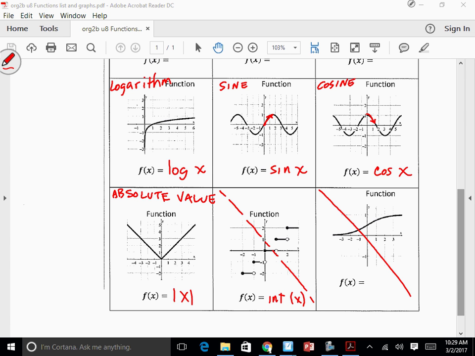Where's this logistic? He's weird. It's 1 over 1 plus e to the negative x. That's a weird equation. Yeah, that is a little wacky. Anybody know what number e represents?